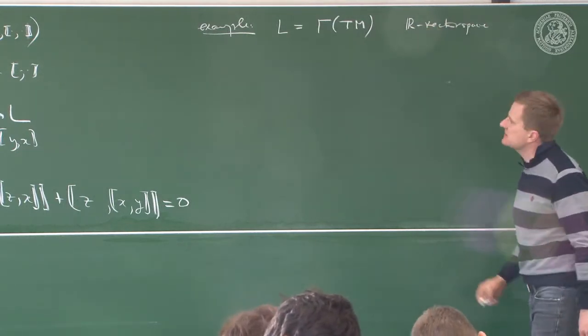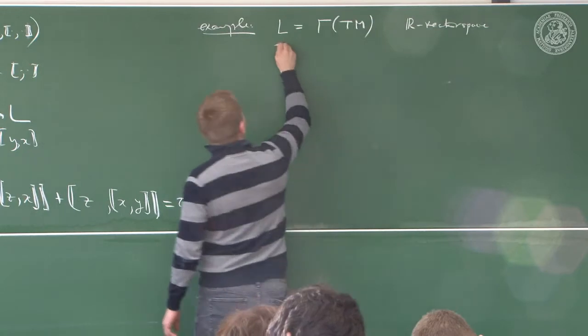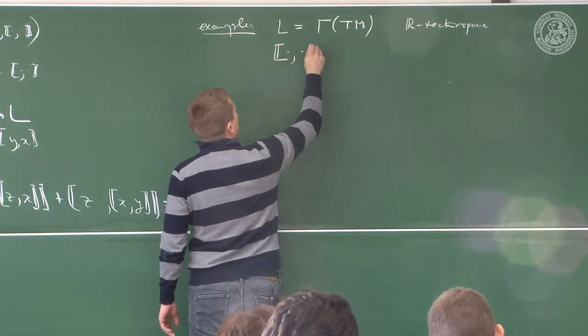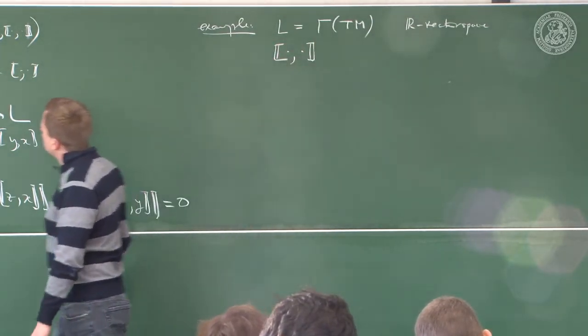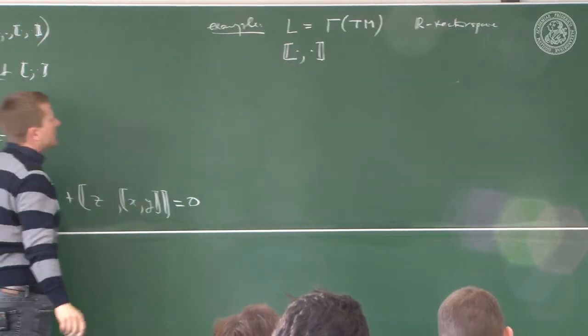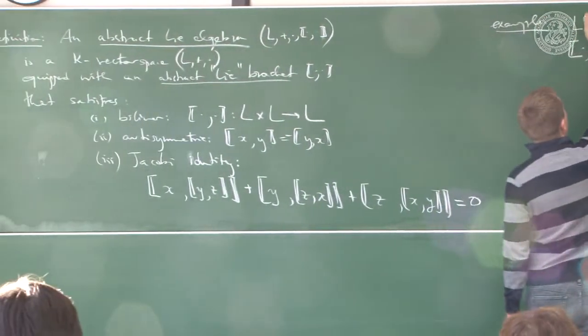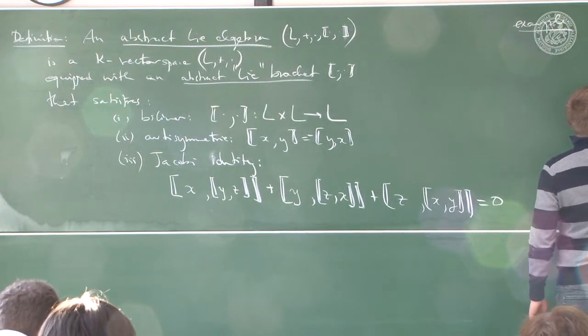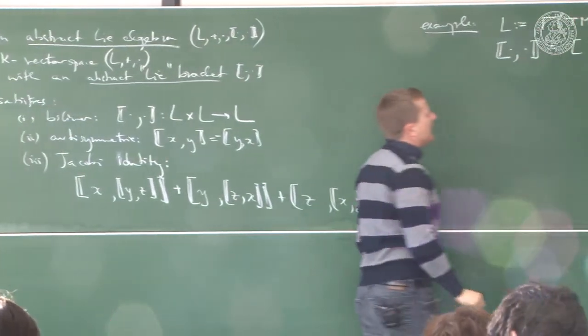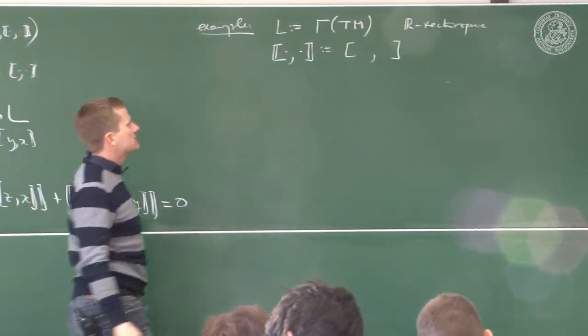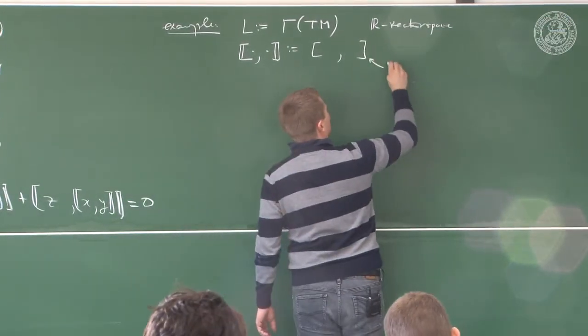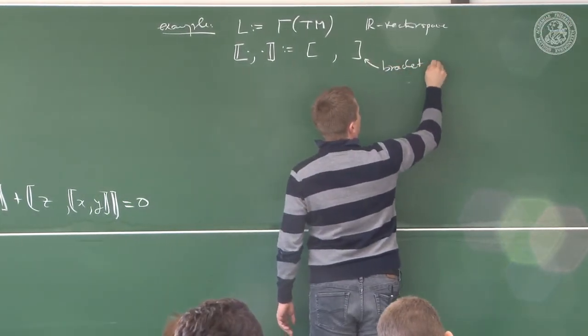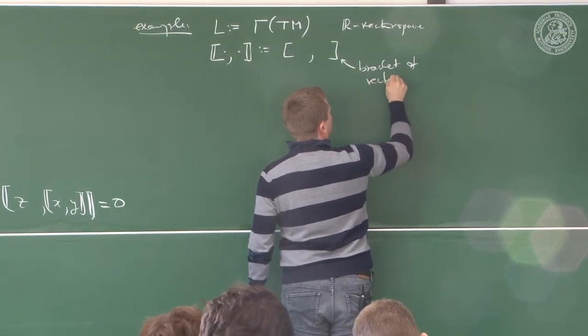All right? That's this L. And as the abstract Lie bracket, I take the bracket we defined for vector fields. You remember? So, the bracket of vector fields.